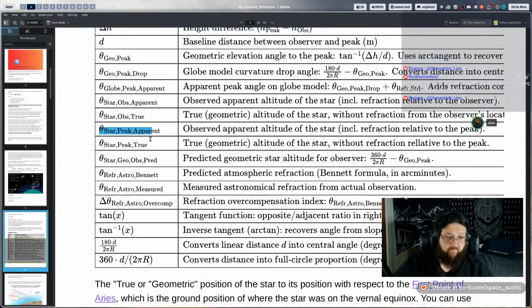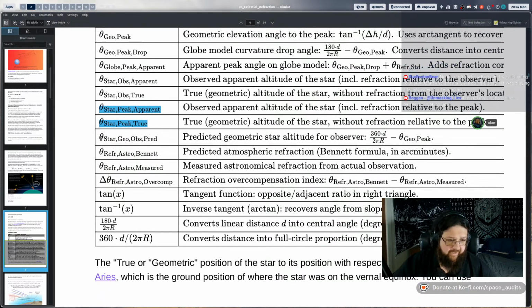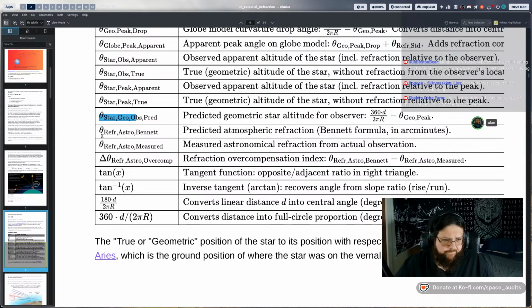And we have the same for the peak with respect to apparent and true positions at the peak location. And we have the star geometric observation prediction. So that's just predicting where the star would be using 360 times the distance over 2 pi r to get the full drop to the star. So we'll see how that plays out as well.